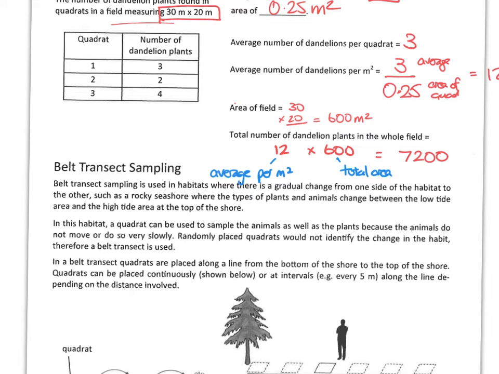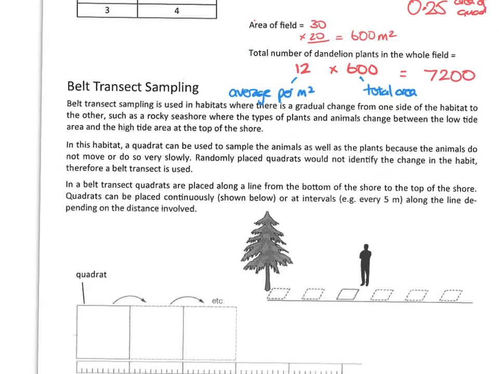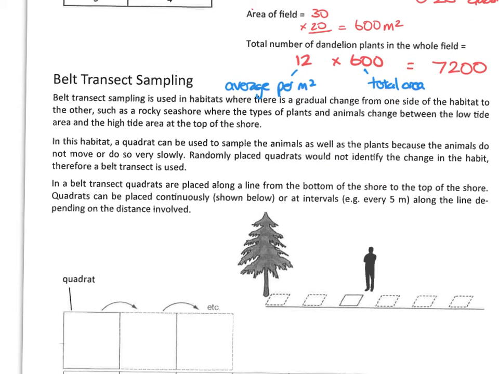But sometimes we want to actually look at change across an area. A belt transect is used in habitats where there's gradual change from one side of the habitat to the other.